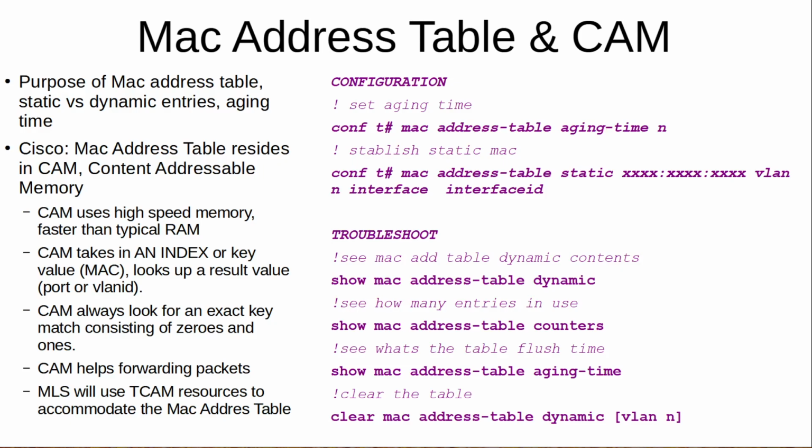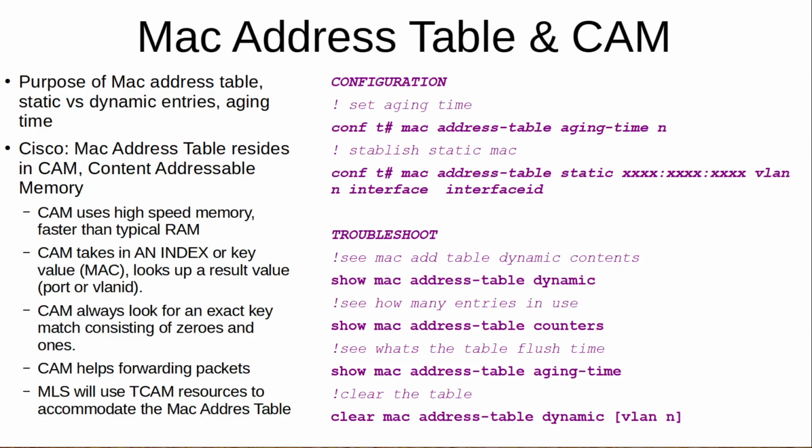The CAM used high-speed memory, faster than typical RAM, to help these switches forward frames faster than previous technologies. The nature of CAM was binary because it only used zeros and ones. 0 for true and 1 for false. So the CAM was binary.